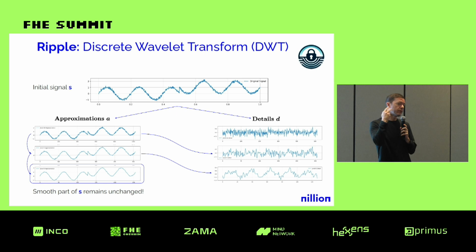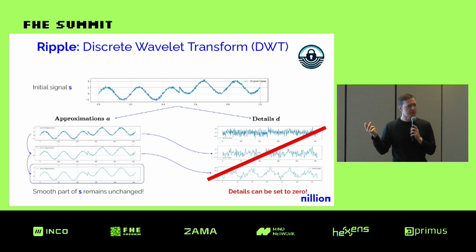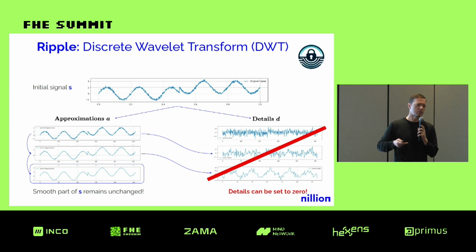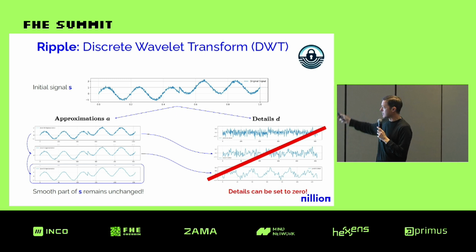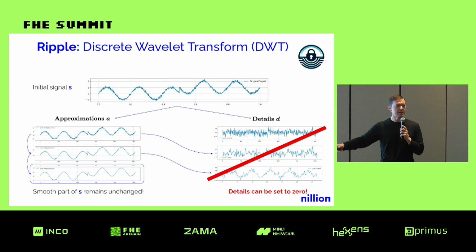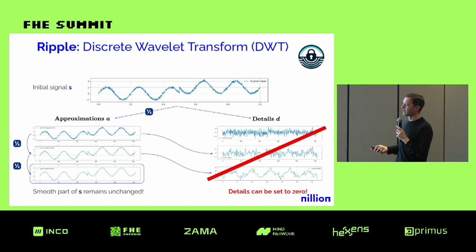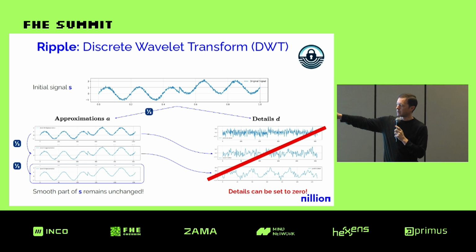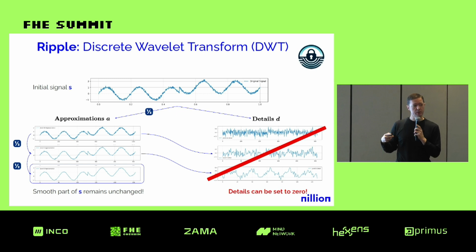If your function was smooth to begin with, which happens with 99% of the interesting functions you're dealing with, like logarithms, trigonometric functions, 1 over square root, 1 over x, and things like that, all of them are smooth functions. It means that the detail coefficients are going to be 0 or very close to 0. So you can forget them. And that's where you get compression from. Every time you run the DWT once, the number of approximation samples that you get is reduced by 2.